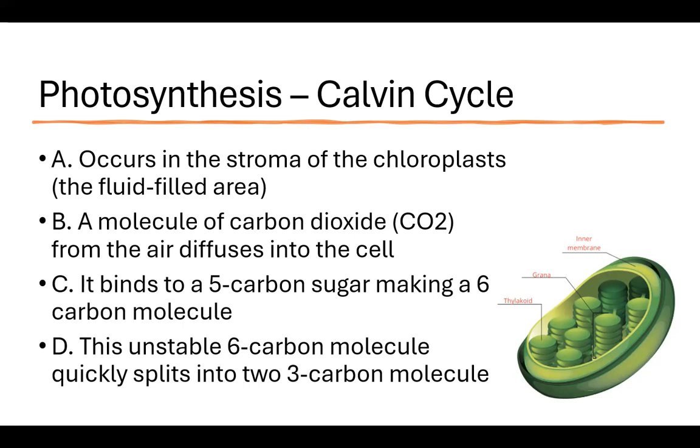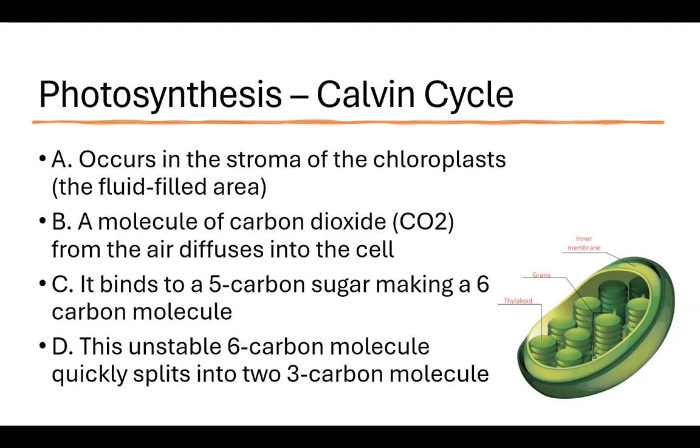So the Calvin cycle occurs in the stroma of the chloroplast, and so that's your fluid-filled area. A molecule of carbon dioxide, which is CO2, C is carbon, O is oxygen, and that means there's two oxygen. So a molecule of carbon dioxide from the air diffuses, it passes through the cell membrane and gets into the cell.